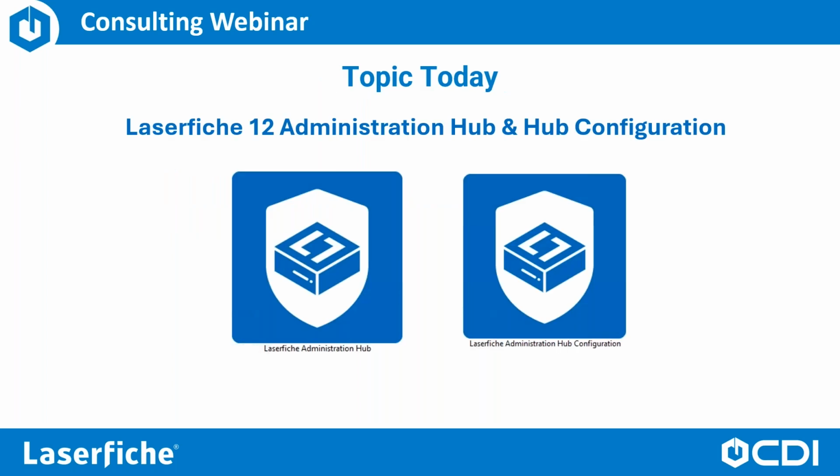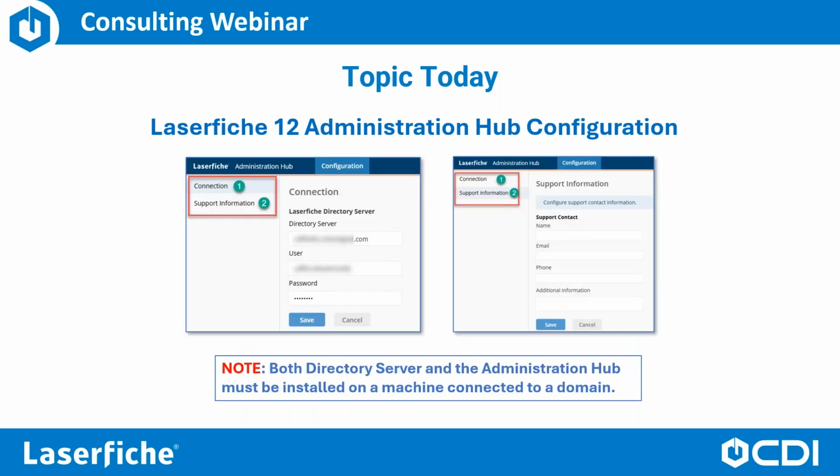Today's topic is the Laserfiche 12 Administration Hub, and we'll also go over the hub configuration. This is all web-based. The first thing I will show you in the demonstration is the hub configuration, and it's very quick and easy.